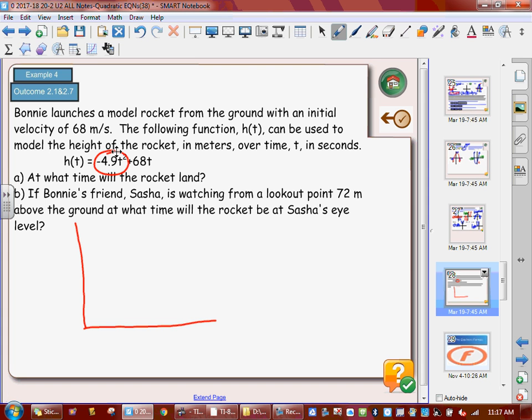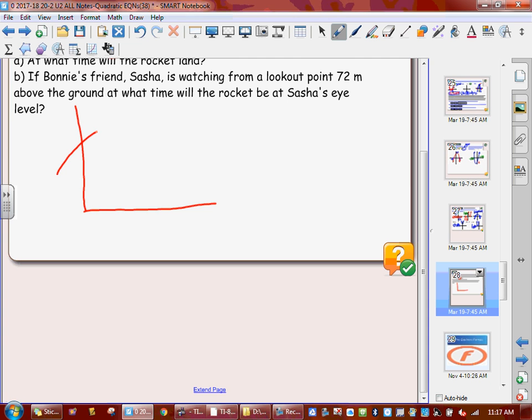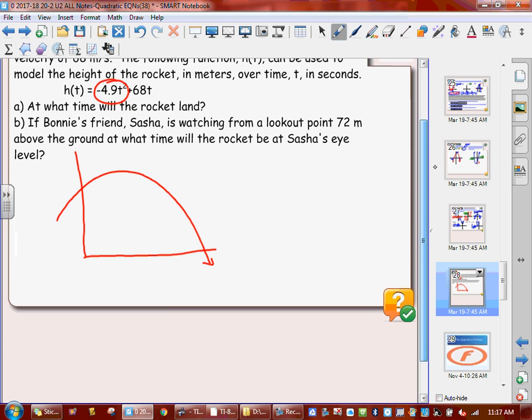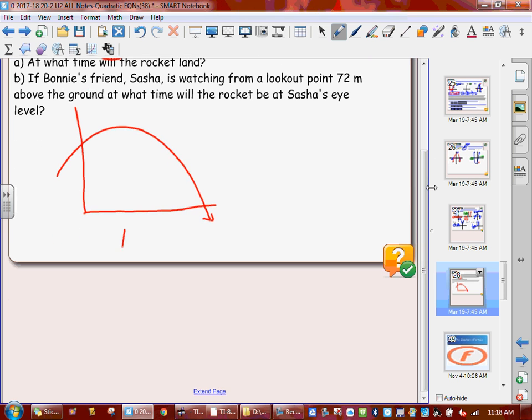The question is asking, at what time does the rocket land? So we've got time on the bottom and height on the side. We've got to label the graph. If time's on the bottom and they want to know when it lands, we're finding the x-intercept here.